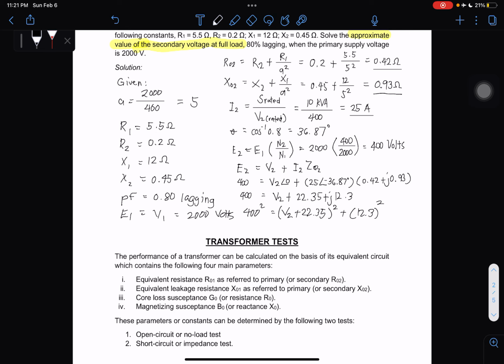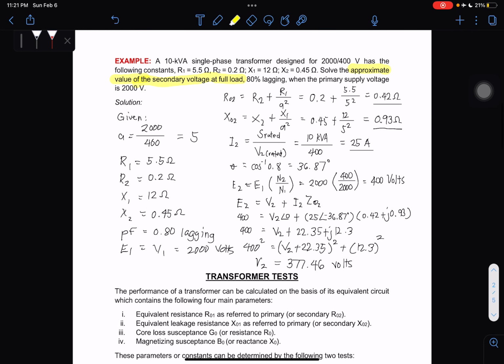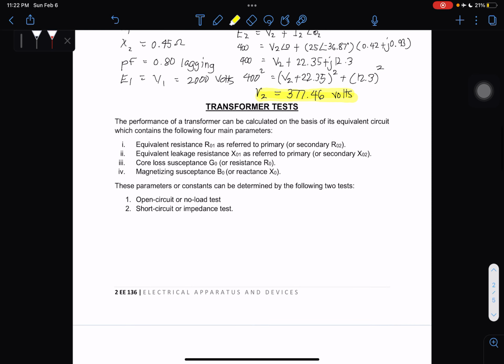With our calculator, V2 is equal to 377.46 volts. Therefore the approximate voltage at our secondary is 377.46 volts. So that is how it is solved. Let us proceed to another topic.